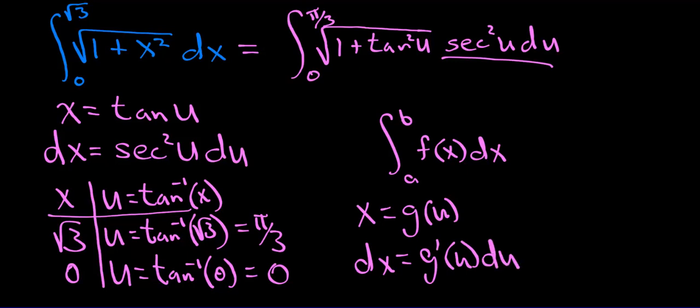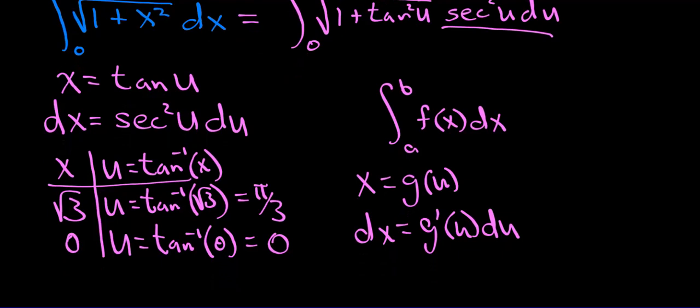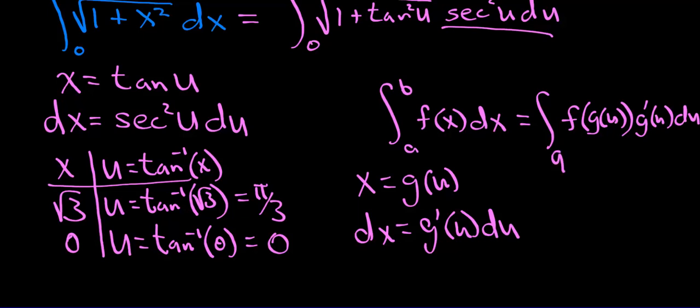Then we could change the bounds, and what we would find is this is going to be the integral of f of g of u times g prime of u du, and of course, we would say from g inverse of a to g inverse of b. So in other words, we could be more general.